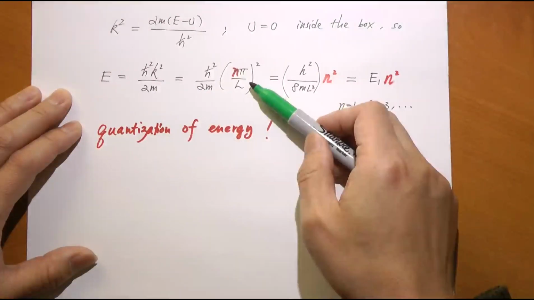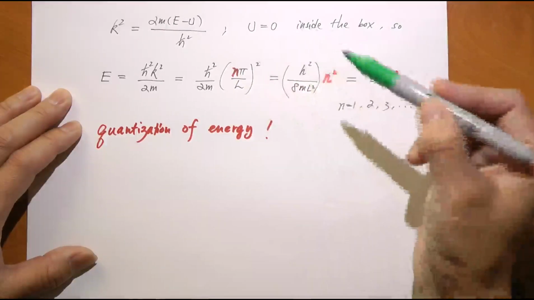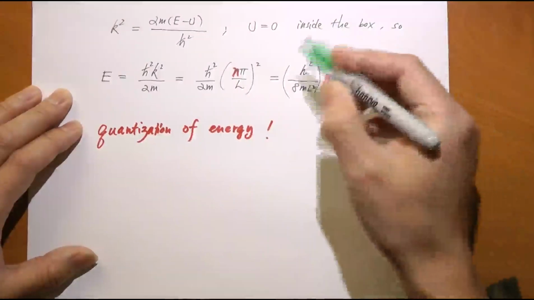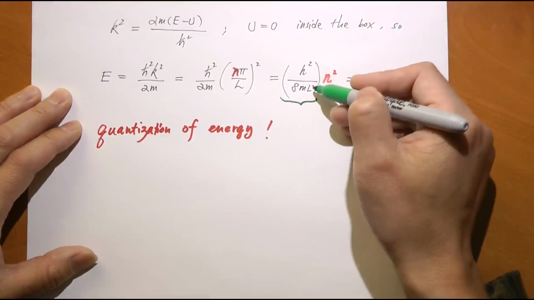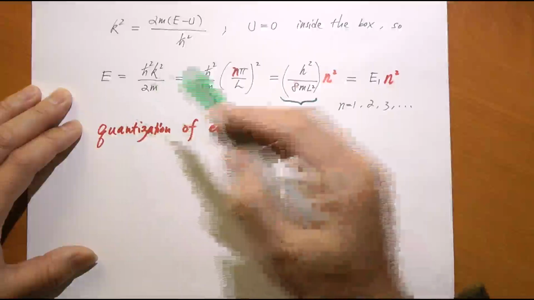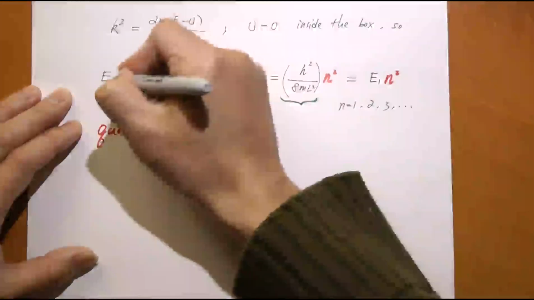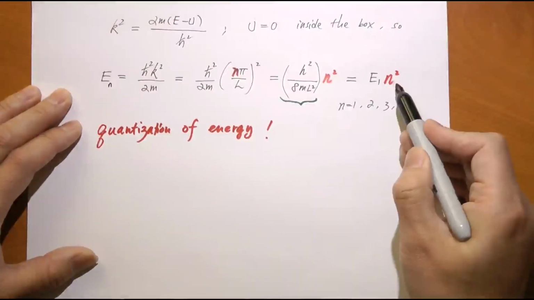And k is, again, itself equal to n pi over L as we just derived. And we rewrite this by taking the n squared out. You're left with this constant, h squared over 8mL squared, which has the unit of energy. The energy of the system, E in the nth quantized state, must equal this expression times n squared.